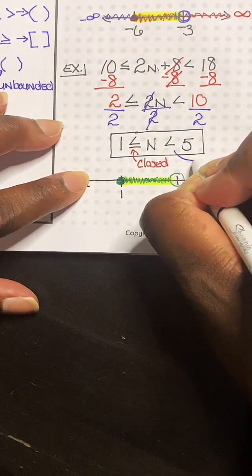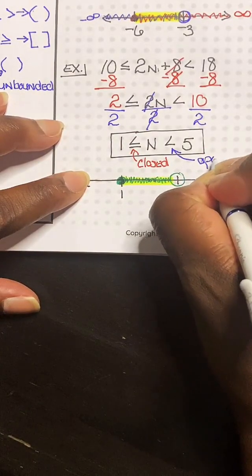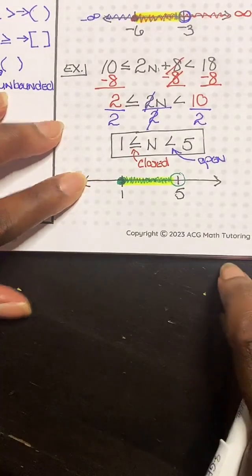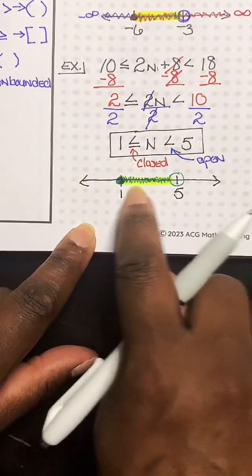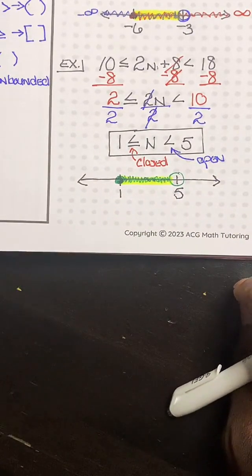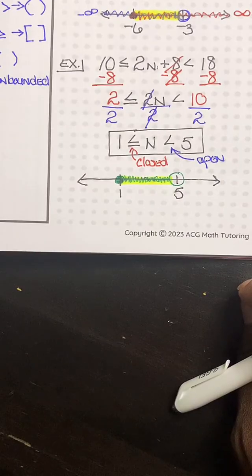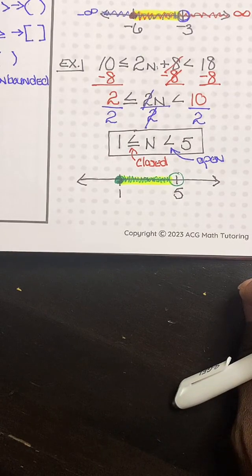If there is no line under, it's going to be open. And when you get an and statement like this, it always has the shading in the middle. Okay? It always has a shading in the middle. It will never venture to anything else. Okay?